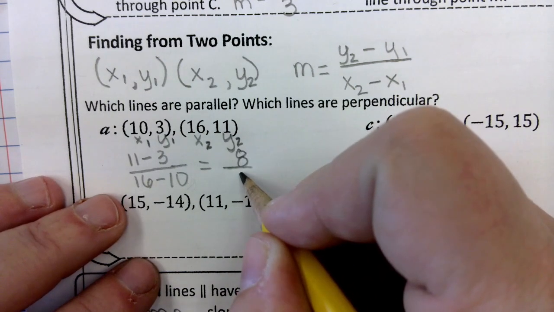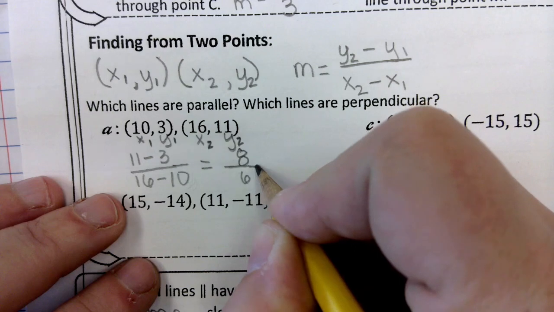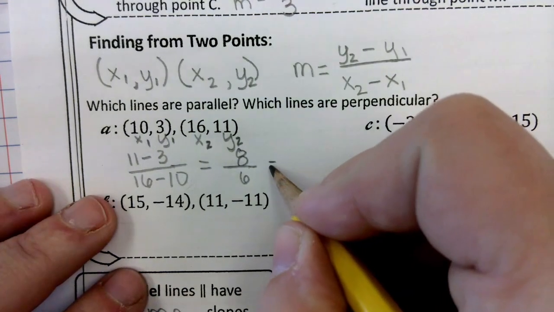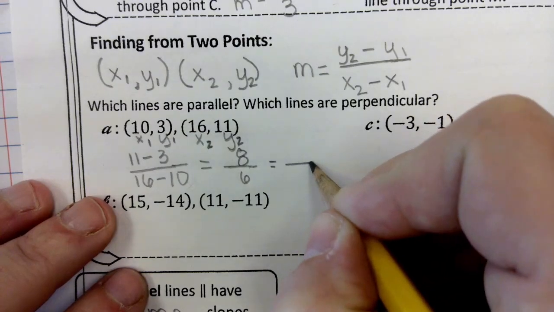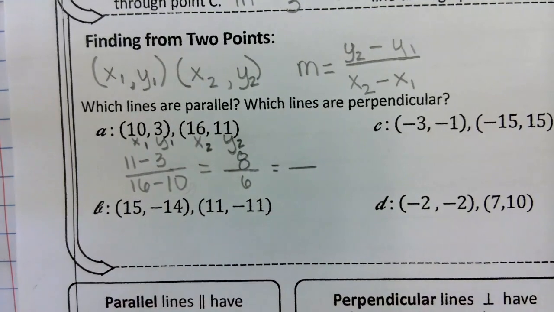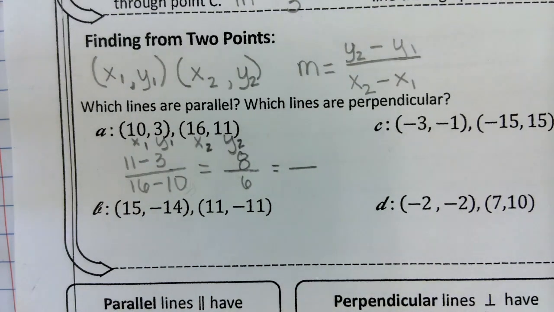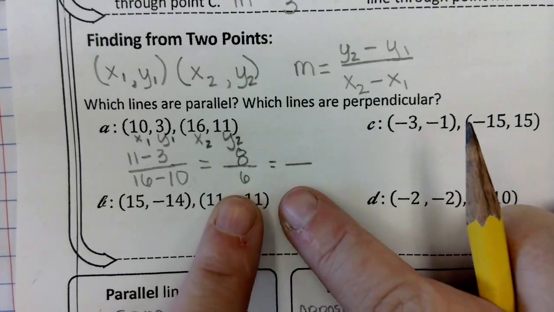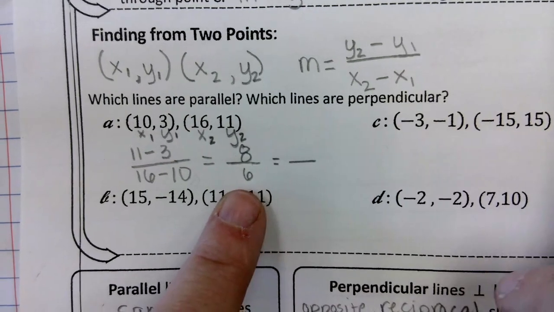Can we simplify 8 over 6? Yeah, remember simplify means to divide top and bottom by the same thing. We're actually going to leave it as an improper fraction. So even though somebody noticed this is an improper fraction, we could make it into a mixed number like 1 and 2/6. But we're not worried about that today. We're going to keep it as a rise and a run.